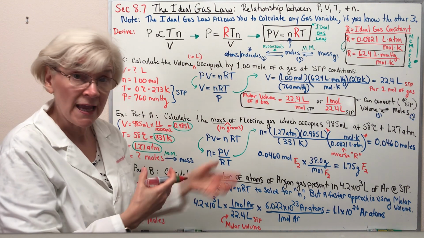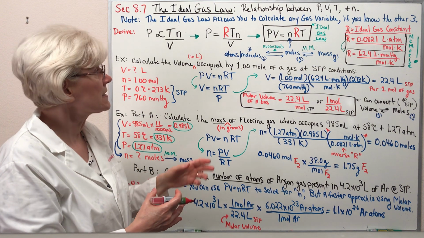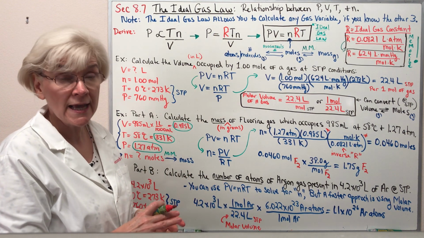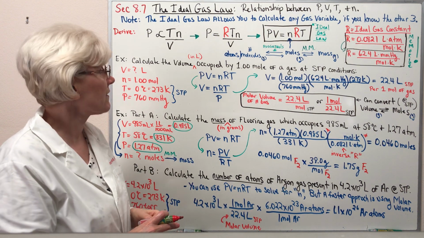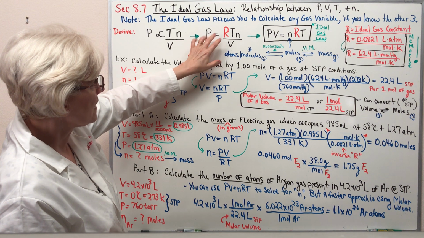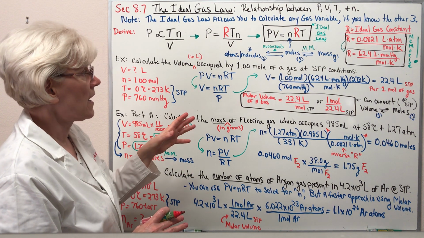It's called the ideal gas constant or ideal gas law constant, and we will need to use that constant in calculations involving the ideal gas law. So we now have a mathematical equality involving the four variables and the ideal gas law constant.